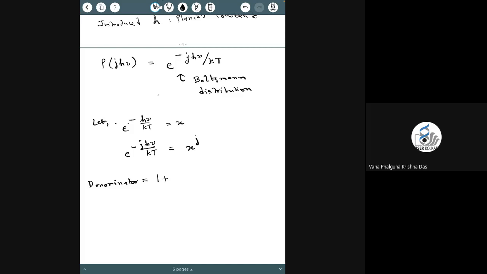Ma'am, how do we know that the Boltzmann distribution is also true here? Because in this derivation, most of the energies except those which are quantized are ignored, right? Yes, this is not a continuous distribution. But some energies are excluded, that is right.